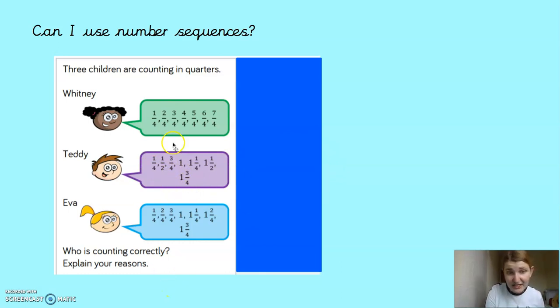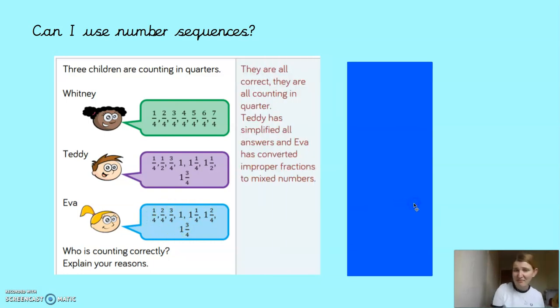Yeah, so Teddy's changed 2/4 to a half. Eva is changing into mixed and whole numbers. She hasn't done any converting. Actually, they're all correct. I hope I didn't trick you too much with that one. So they're all correct. Whitney is kept as exactly as it is. Teddy has simplified his answers into halves, and Eva's just done it as she goes.